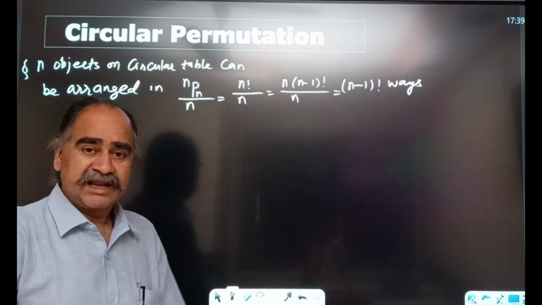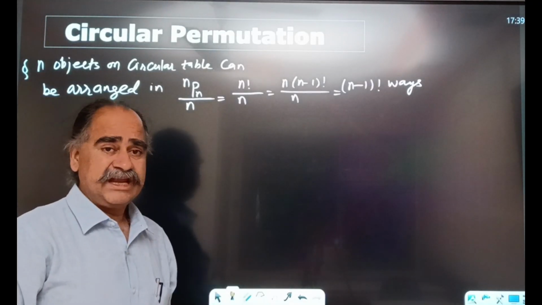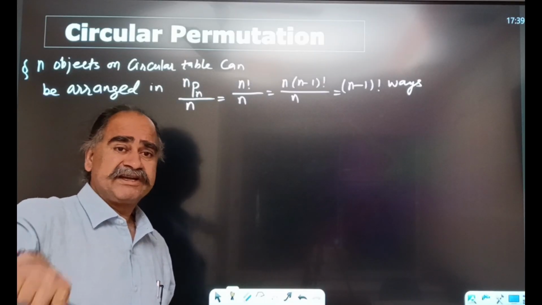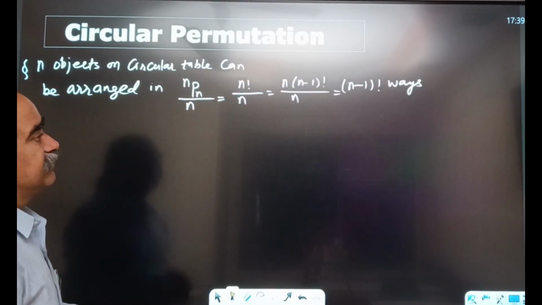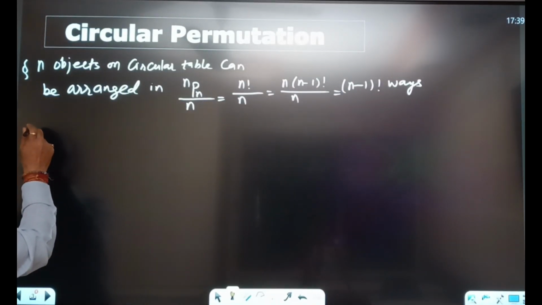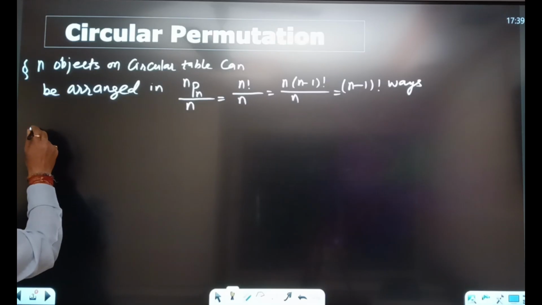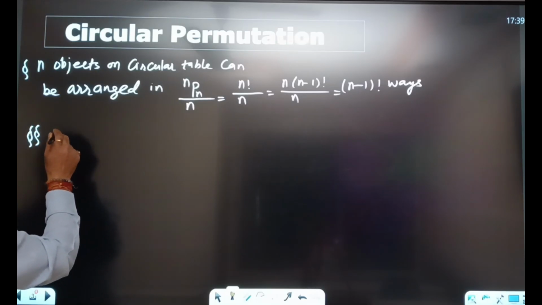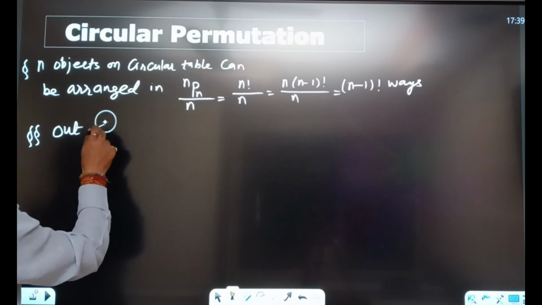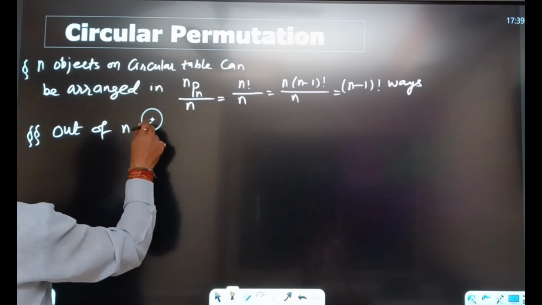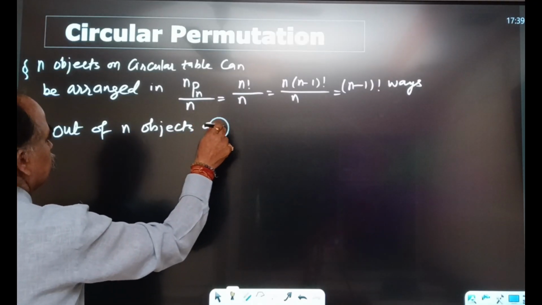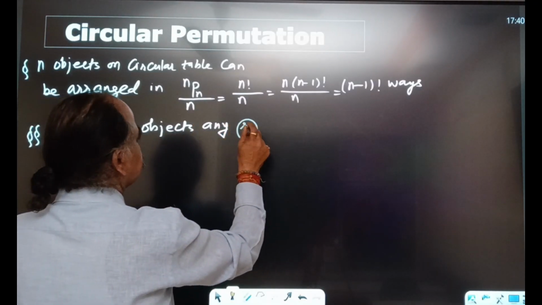And second one is what? When clockwise and anti-clockwise arrangements are not distinct.